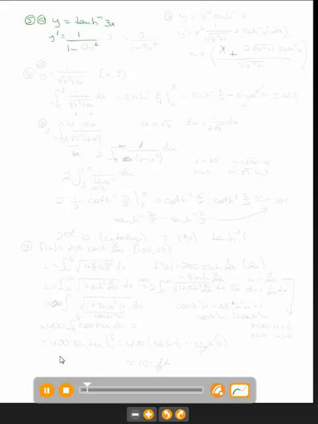Well, x is 3x, so that's going to be 3x squared times the derivative of whatever. They don't have that in the rules, but it's a chain rule thing, the derivative of the junk, so we're going to have a 3. So we end up with a 3 over 1 minus 9x squared.